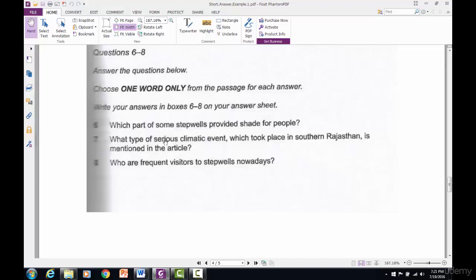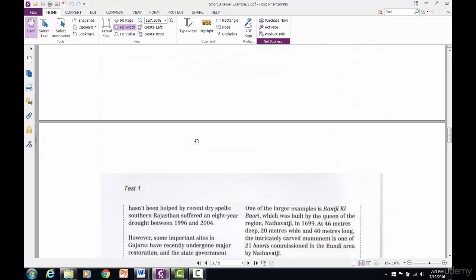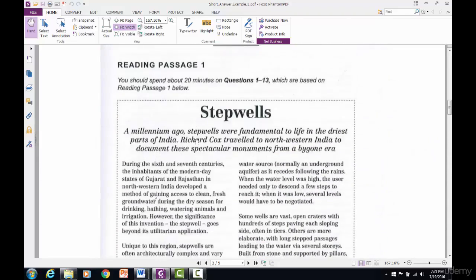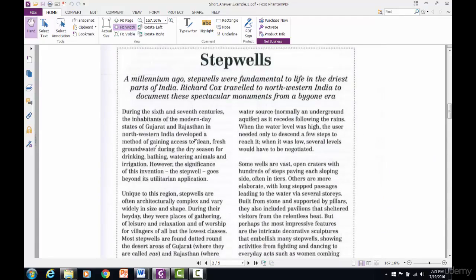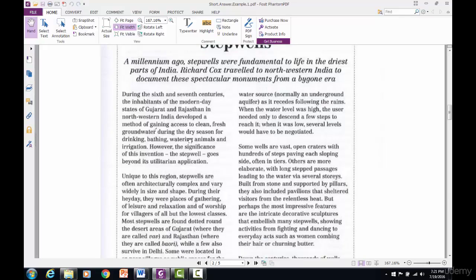But first, let's find number 7, the keyword Southern Rajasthan. It says, what type of serious climatic event took place in Southern Rajasthan? So when we find Southern Rajasthan, we're looking for a serious climatic event. Here's Rajasthan, but there's no climatic event here, and none in the next sentence afterwards. We need to keep checking because Rajasthan might appear more than once.